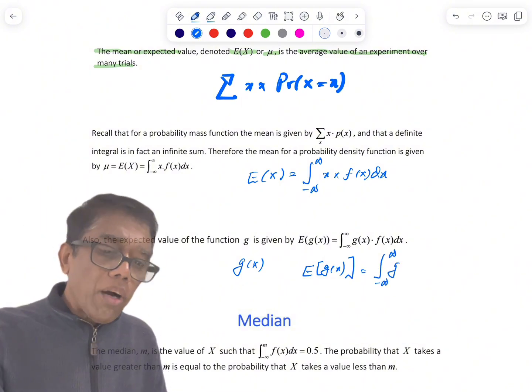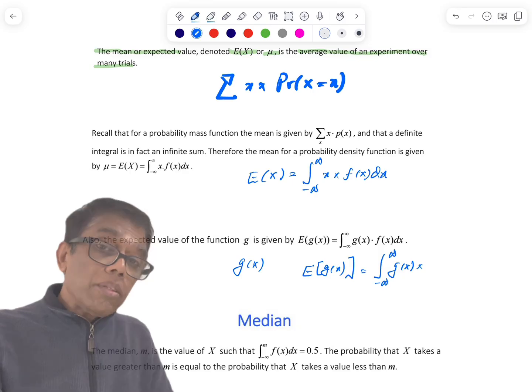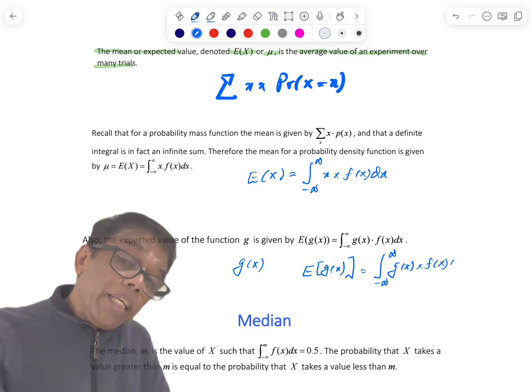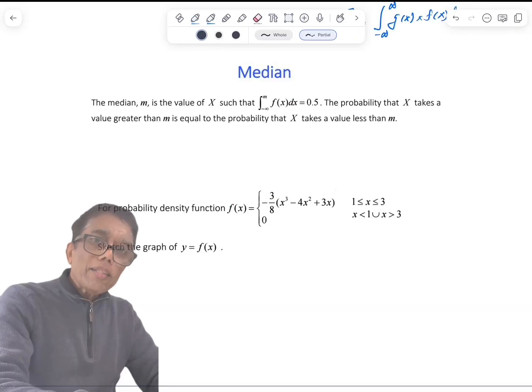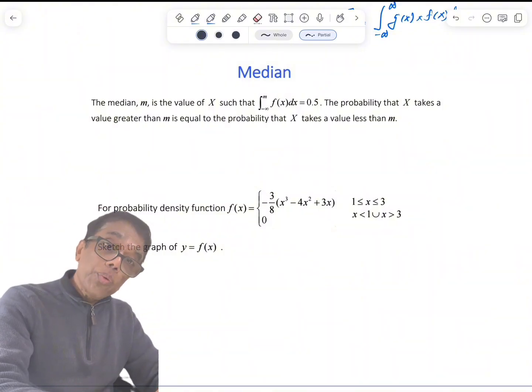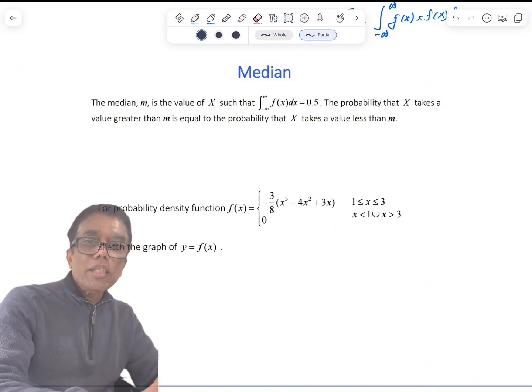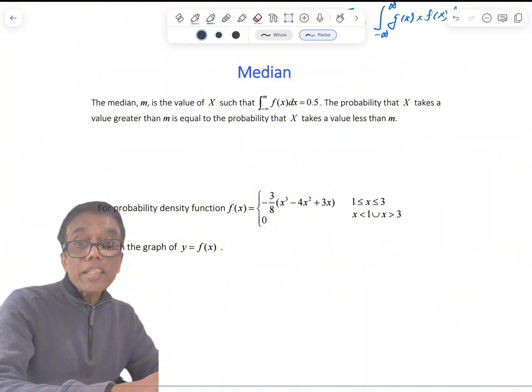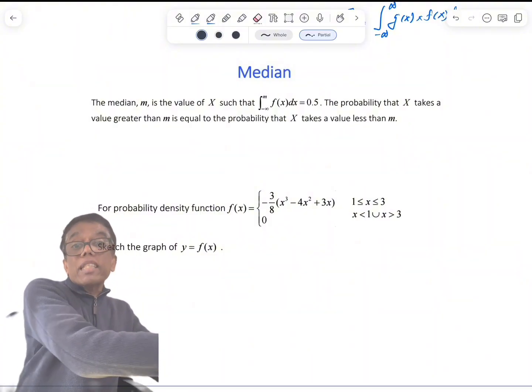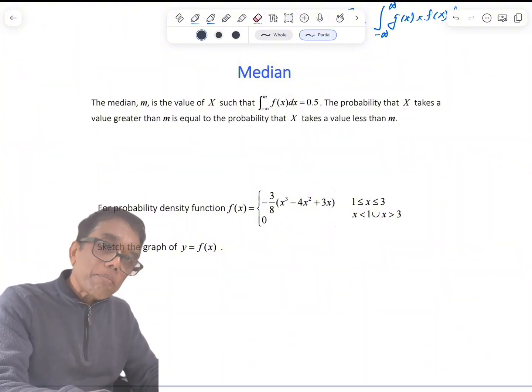Then we will define what the median of the distribution is. What is the median? Actually, the median is the value at which the distribution is divided into two parts: the left hand side is 50% as well as the right hand side is 50%.